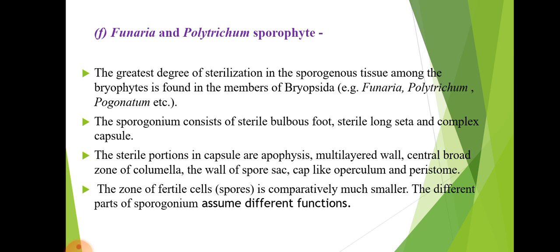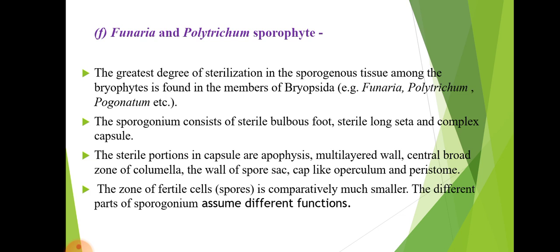The greatest degree of sterilization in the sporogenous tissue among the bryophytes is found in the members of Bryopsida. The sporogonium consists of a sterile bulbous foot, a sterile long seta, and a complex capsule.